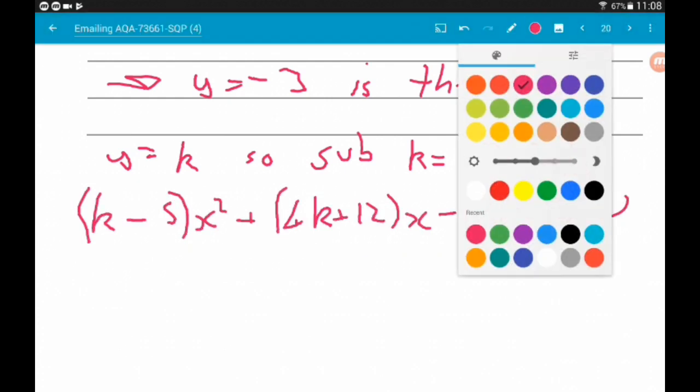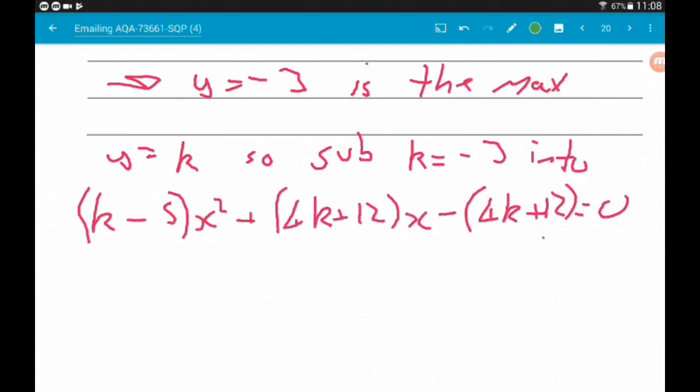So let's change the colour. That's going to give us then -3 minus 5x squared. So that's going to give us -8x squared. 4 times -3 is -12. So that add 12 is 0. So the x term disappears.